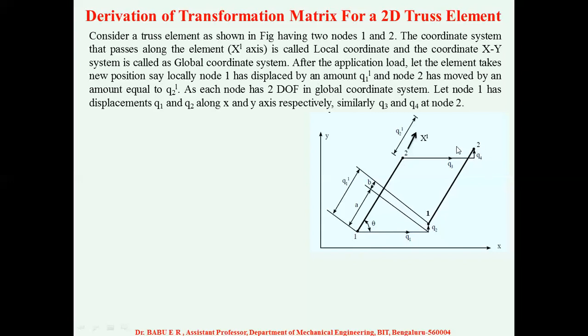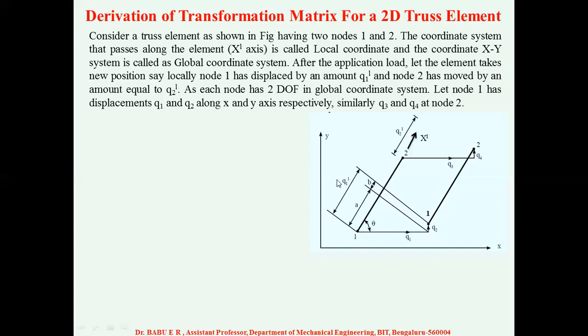In the local coordinate system, node 1 has displaced by an amount of q1 dash. Similarly, node 2 is moved by an amount of q2 dash.